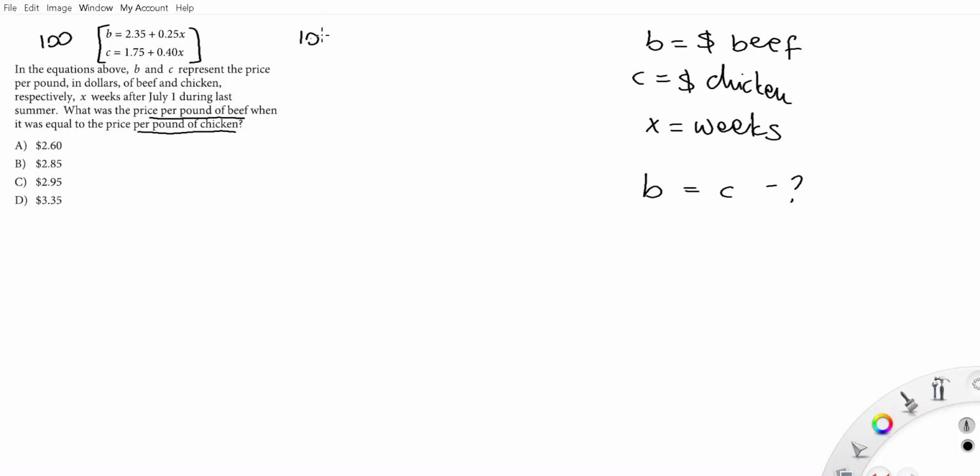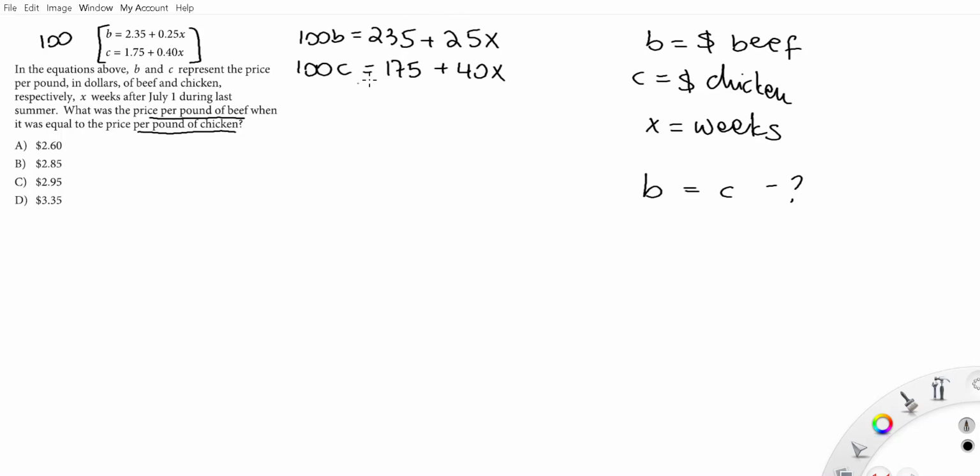I'll have 100B is equal to 235, right? 2.35 times 100 is 235, plus 25x, because 0.25 times 100 is 25. And I have the same thing on the bottom. I have 100C is equal to 175 plus 40x.